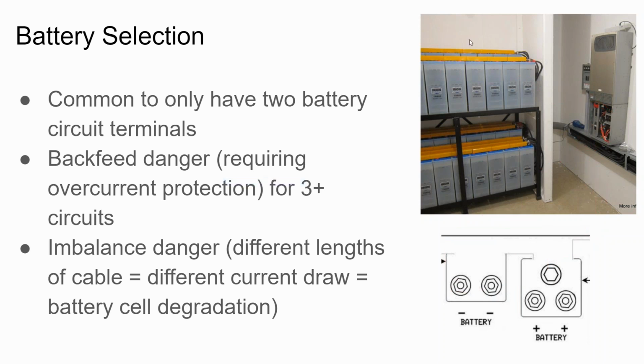So for the most part, your battery manufacturer is going to say no more than 3 parallel circuits. We prefer 2, and then your battery diehard fans are going to say no, just do 1.